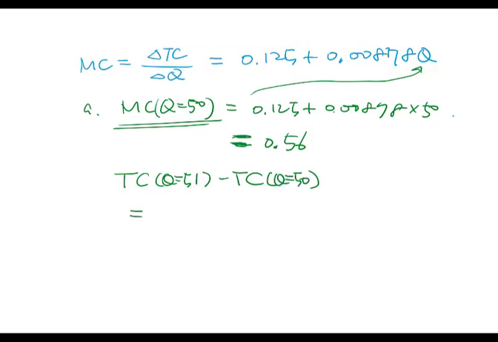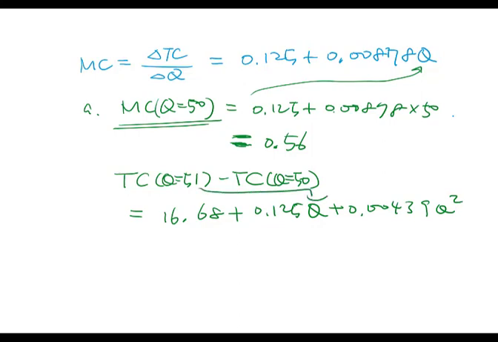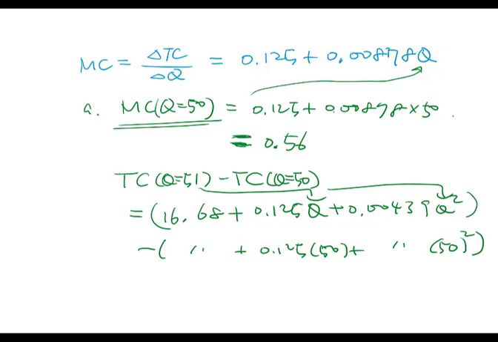So you're looking at the initial total cost function, 16.68 plus 0.125 Q plus 0.00439 Q squared, and plug in 51 here, right? And do the same thing to the same function with quantity Q equal to 50, 50 squared.